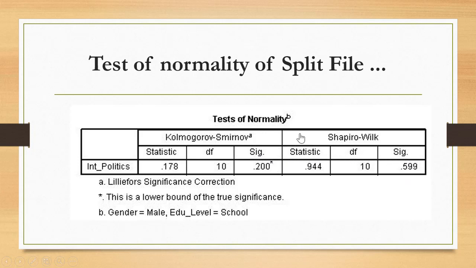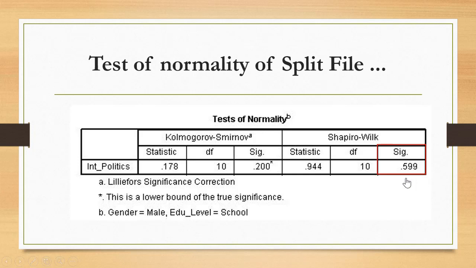So we are going to rely on the value of the Shapiro-Wilk test, which is 0.5, which is greater than 0.05, and then we can make a decision about the null hypothesis, which states that there is no statistically significant difference in the distribution of the two variables.